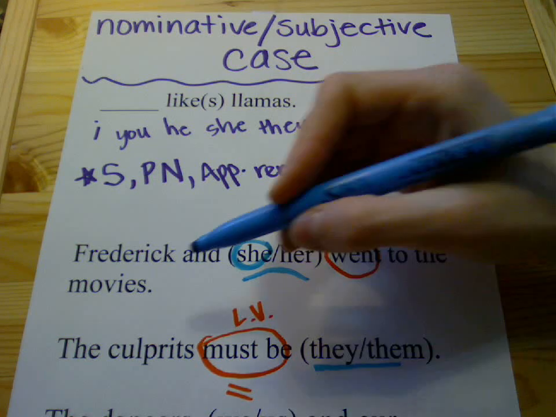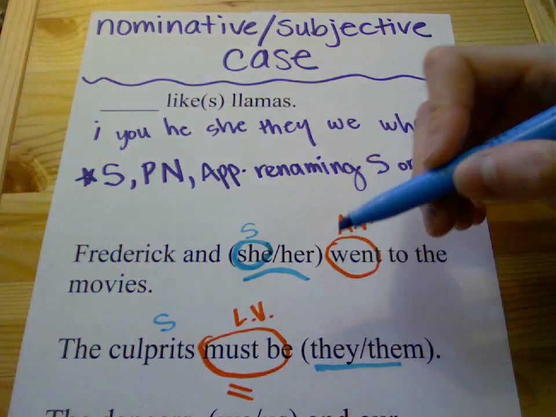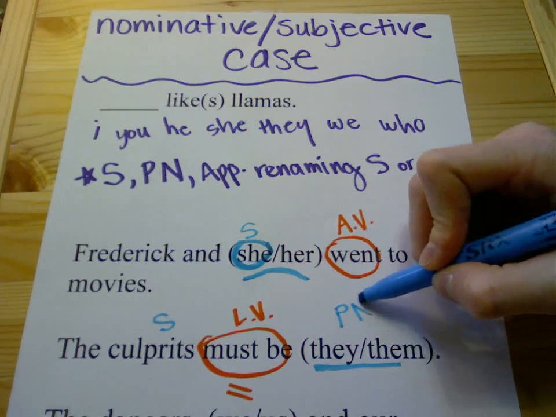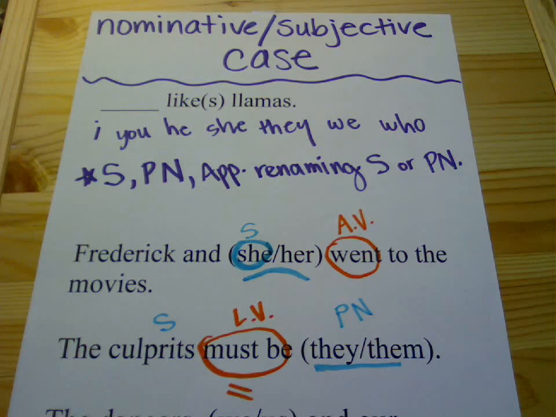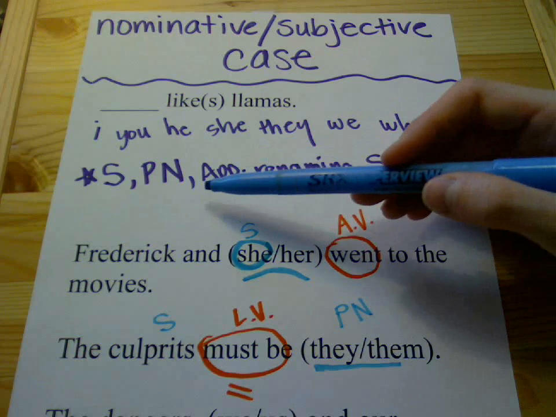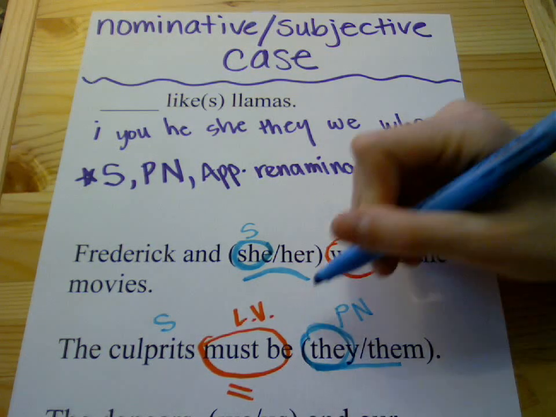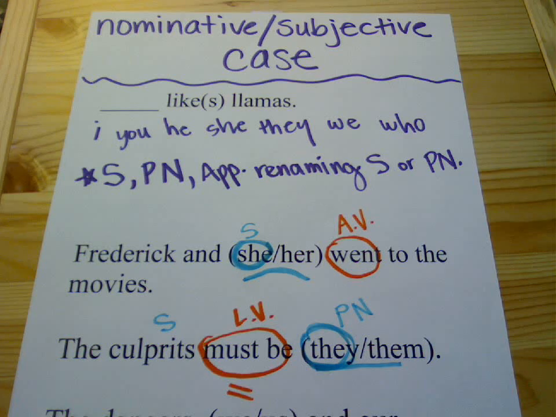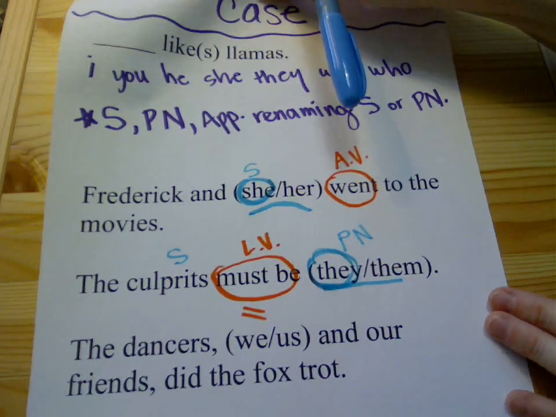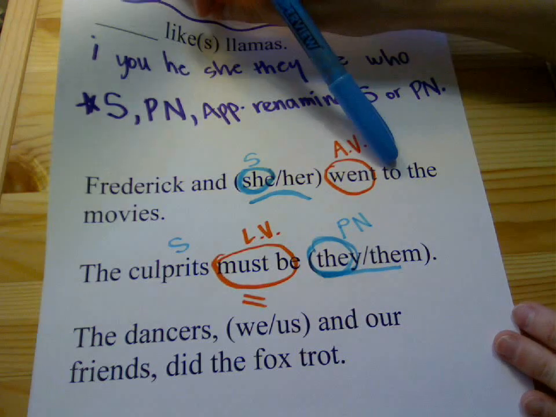Well, we know subject equals predicate nominative. So here we have a predicate nominative, and predicate nominative is in nominative case. Is it they like llamas or them likes llamas? Well, that one is they. So we're going to go ahead and choose they.